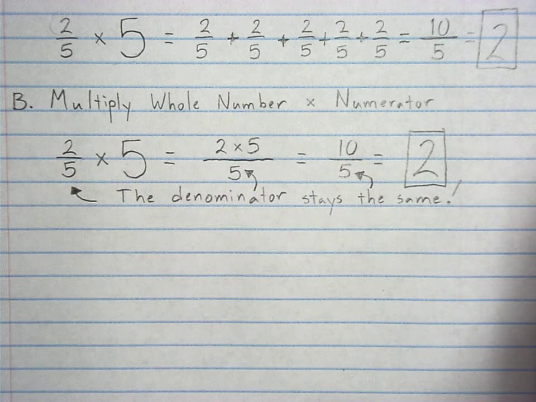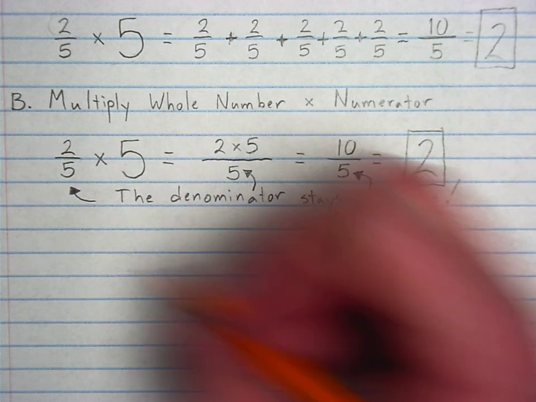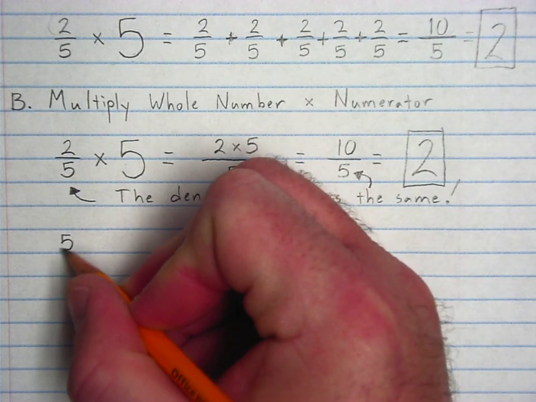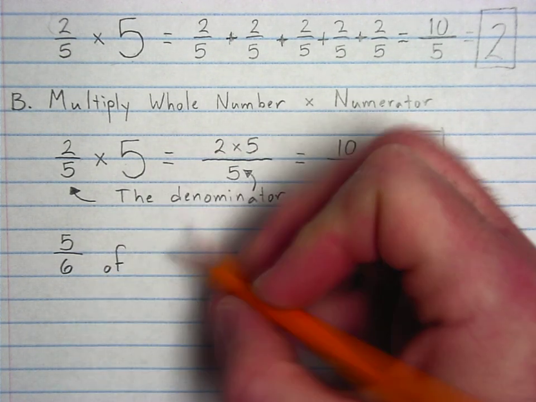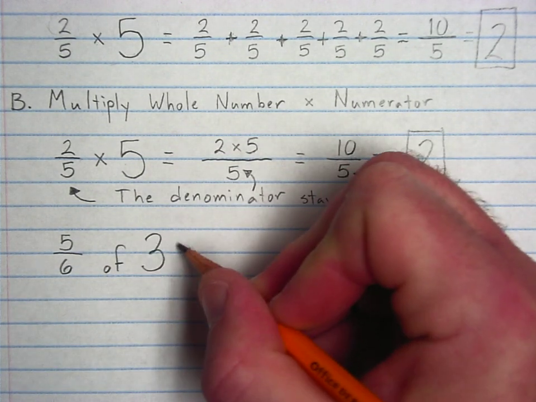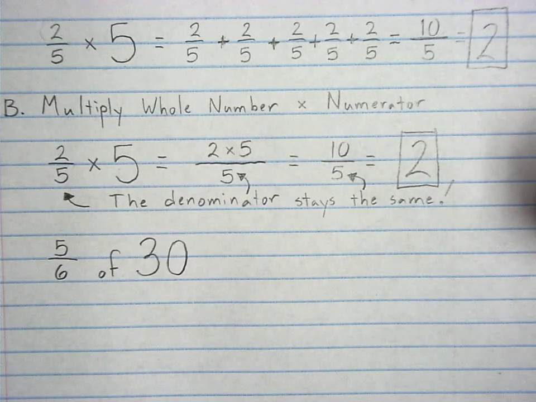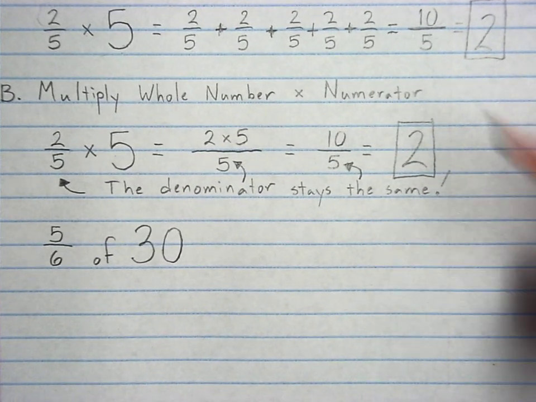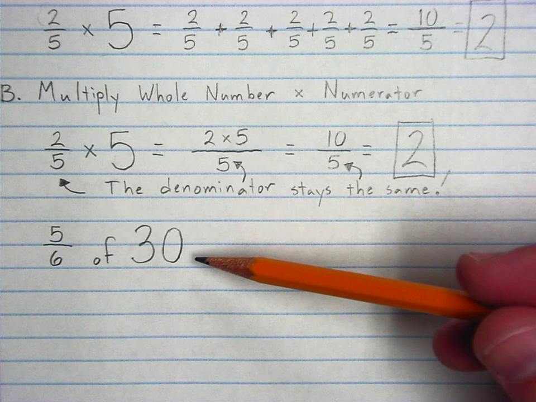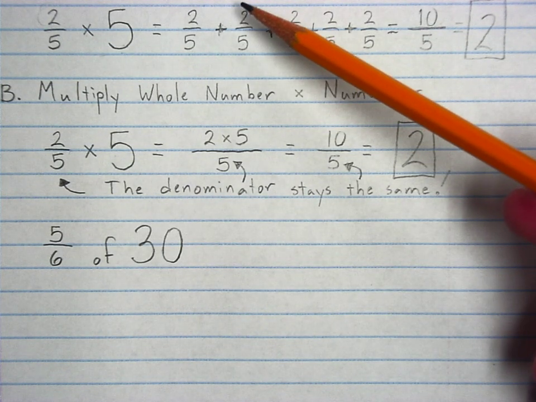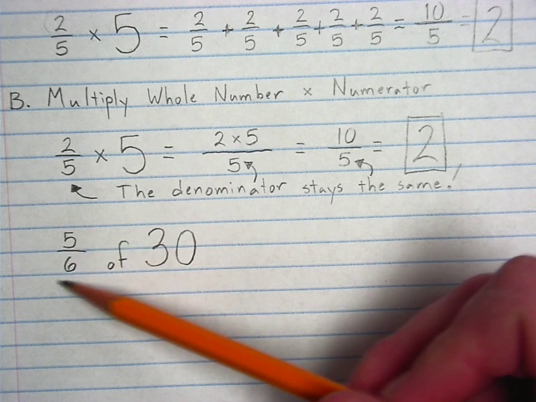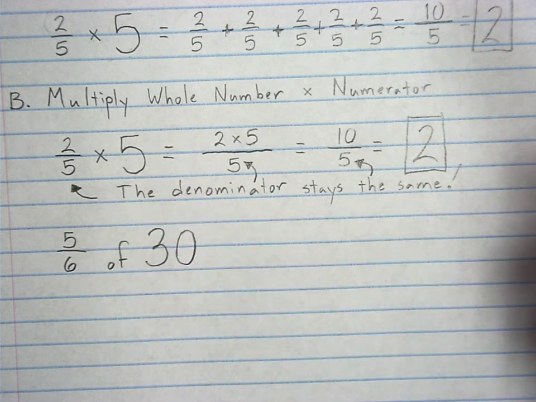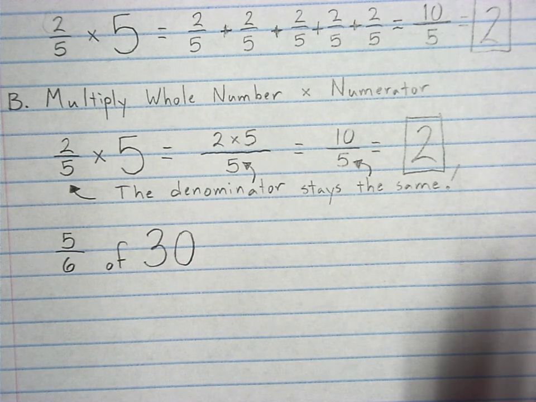All right, let me give you one that's brand new. Let's take a look at 5/6 of 30. Now see, this is one where a tape diagram wouldn't be too bad, but addition would be pretty miserable. You would have to write this 30 times. I don't think any of us are interested in that.